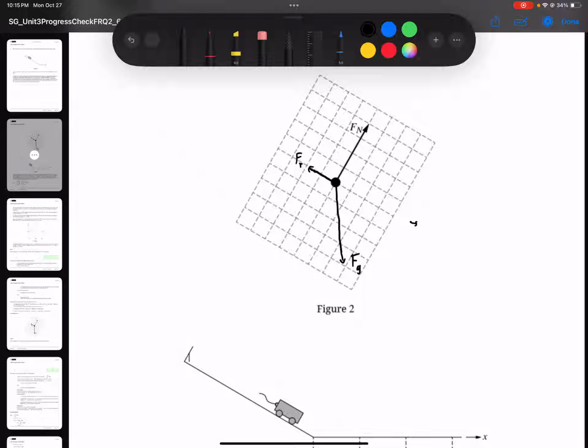Don't draw the components, but you need to make sure that the component perpendicular to the plane has the same magnitude and is in the opposite direction of the normal force. The same is true for the force of tension. I drew out the force of gravity here.